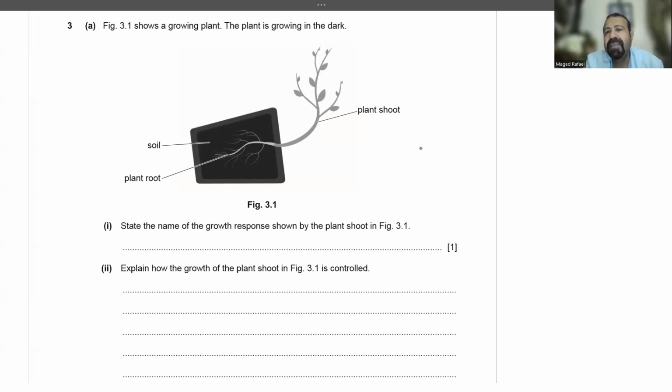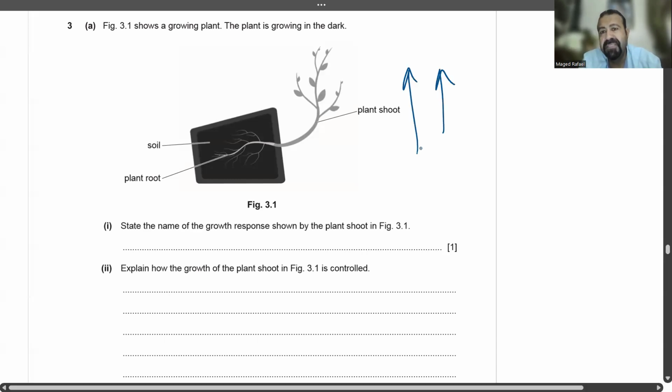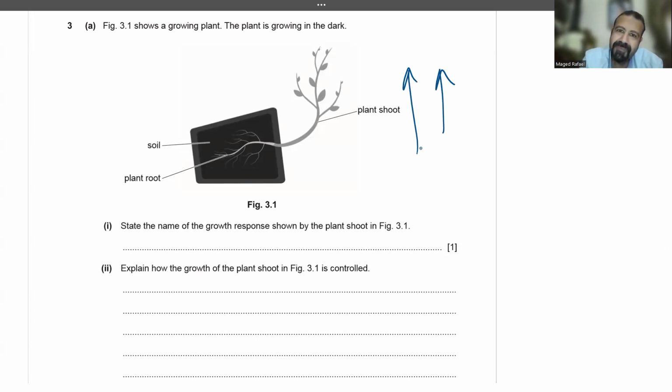Isn't it so, Dan, it grows away from the gravity, but where is the light to write phototropism? There is no light. So this is called negative gravitropism, and it's negative, Malak, because it's going upward against the gravity. Okay, you got it. Yes, I got it, thank you.